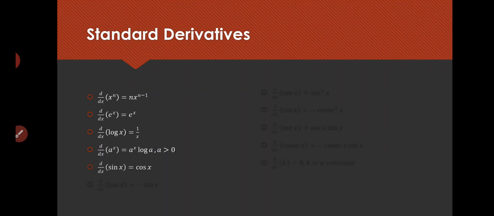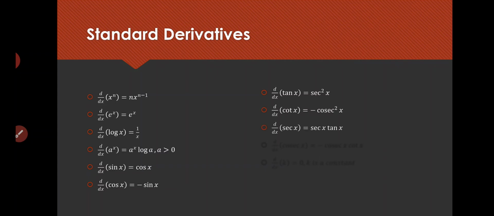Then d/dx of sin x is equal to cos x. d/dx of cos x is minus sin x. d/dx of tan x is sec square x. Cot x is minus cosec square x. Sec x is sec x tan x. Cosec x is minus cosec x cot x, and the derivative of a constant is 0.